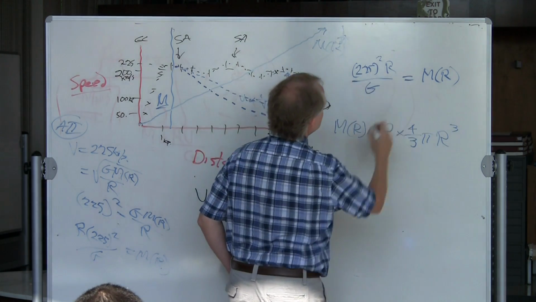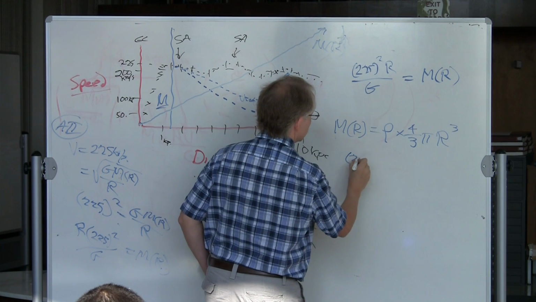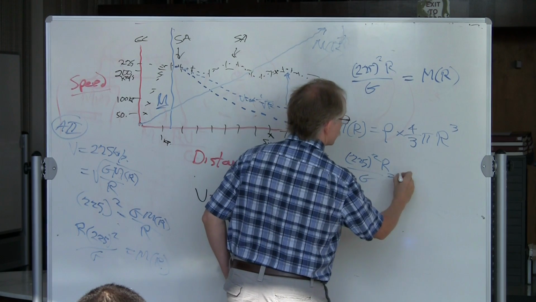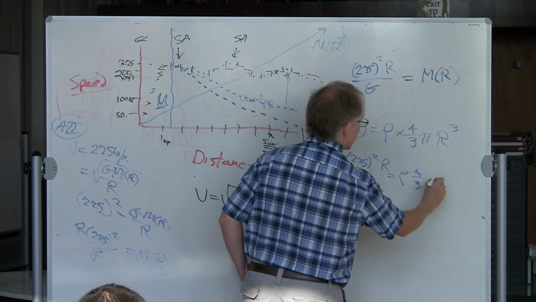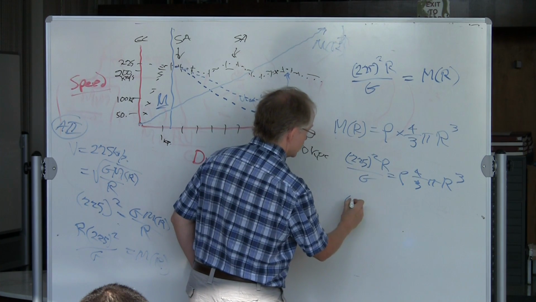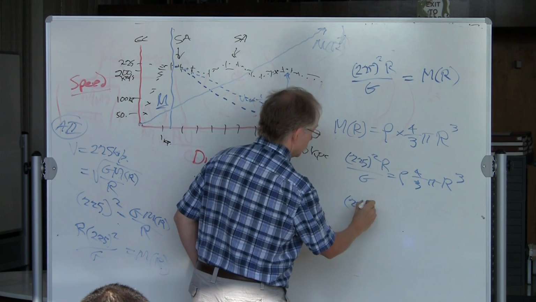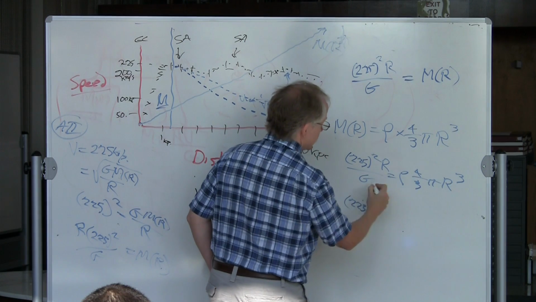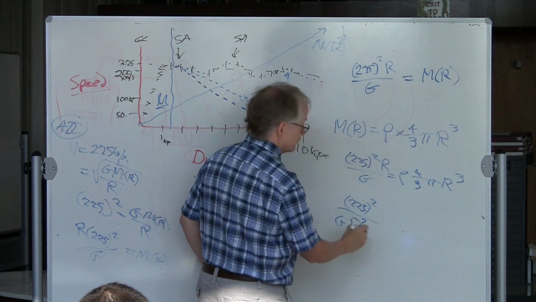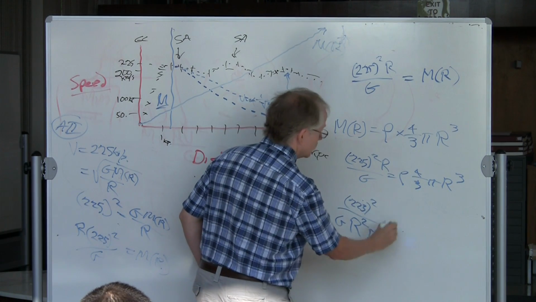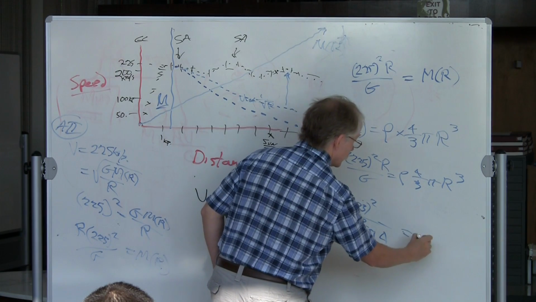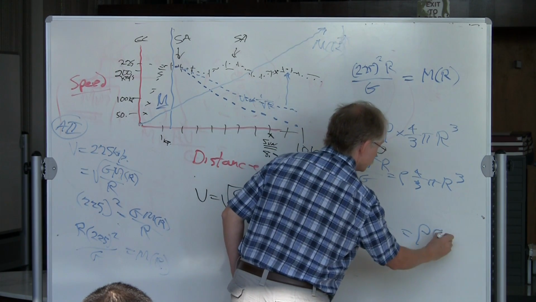If we then put one into the other, 225 squared r over G equals rho 4/3 pi r cubed. Bring that down here. We get an r squared down in the bottom to live with the G. We also get a pi. We also get a 4, and we get a 3 up here. That's the density as a function of r.